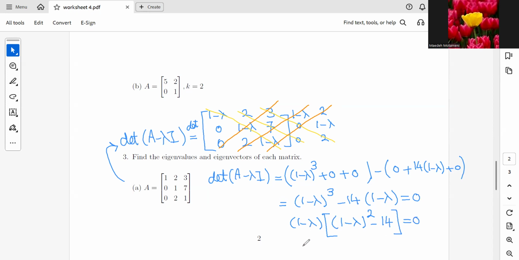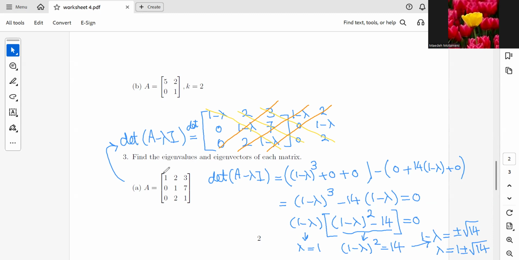So either the first one is 0, it means lambda is 1, or the second one here is 0. It means that 1 minus lambda squared will be 14. And from here we have two answers. 1 minus lambda can be plus or minus square root of 14. And from here, lambda will be 1 plus or minus square root of 14.